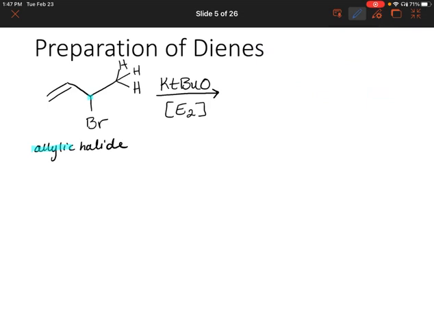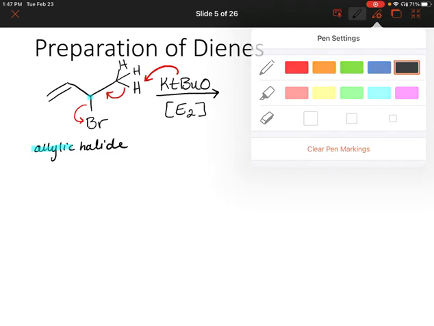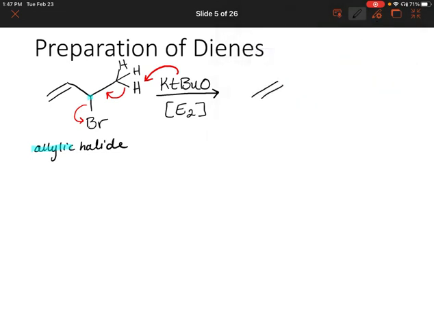That base is going to take a hydrogen, which will leave its shared electrons behind, and then the leaving group will leave. And then we get our diene. This one will be the S-trans diene, and again, this is 1,3-butadiene.